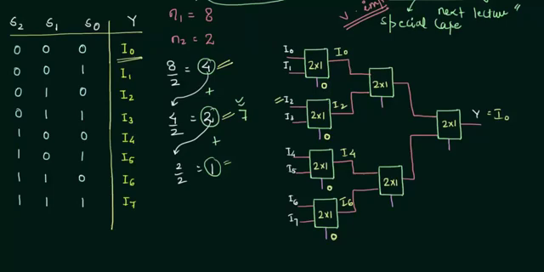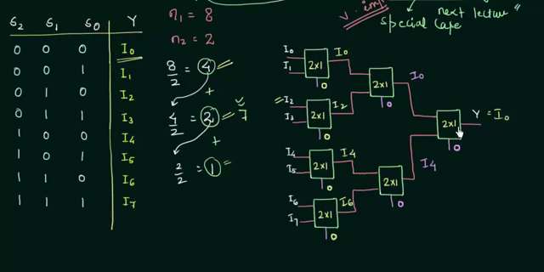Fine. Out of I0 and I2 I need I0, so again I have to give 0 here, and I0 is selected. I4 and I6 are the inputs to this mux, and 0 is the select line, so I4 is selected. Again I need to give 0 to select I0, so y is equal to I0.